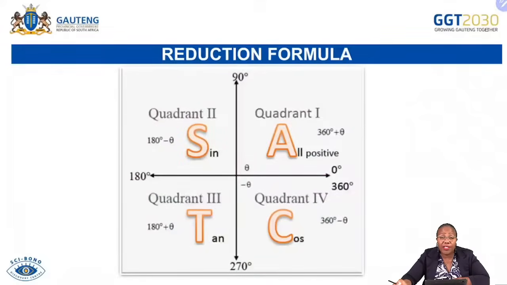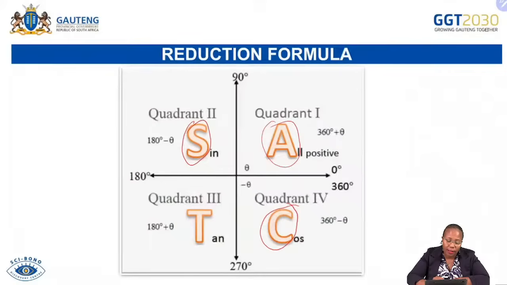Then for the reduction formula, you need this diagram, which is your CAST diagram, or any abbreviation that can remind you how to identify your quadrants here, grade 12.